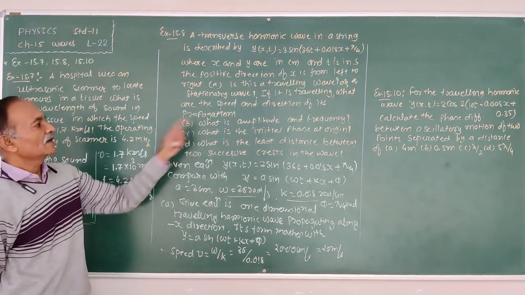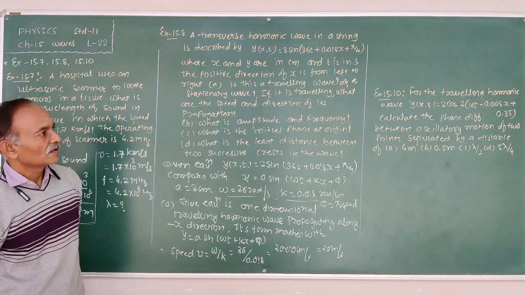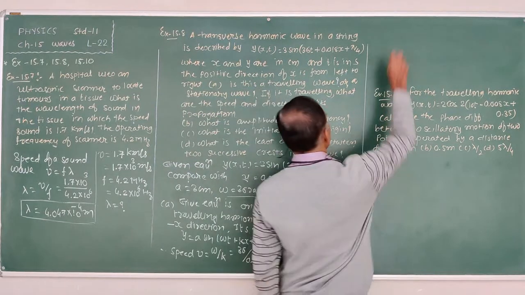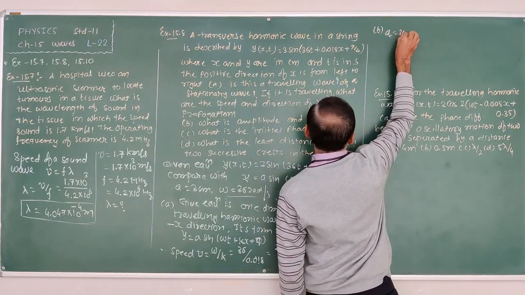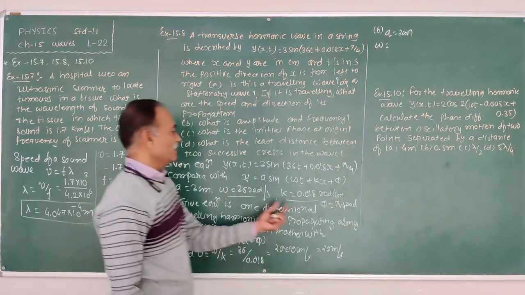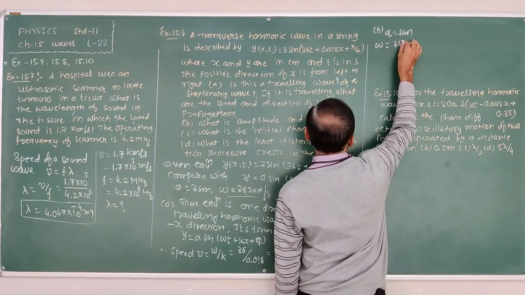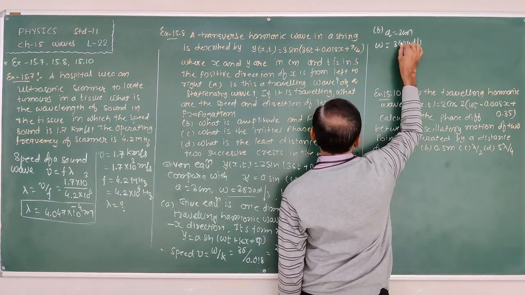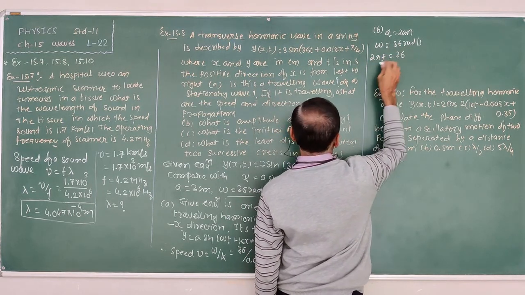Now in part B, what is the amplitude and frequency? Amplitude A is equal to 3 centimeter. Omega we already obtained, 36 radian per second. Omega is equal to 2 pi f is equal to 36.